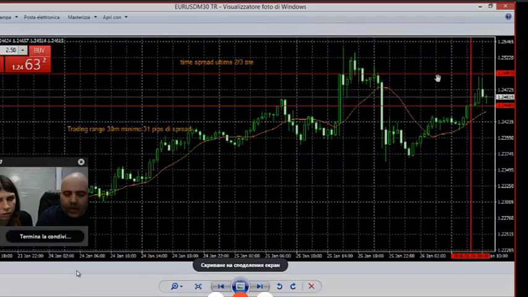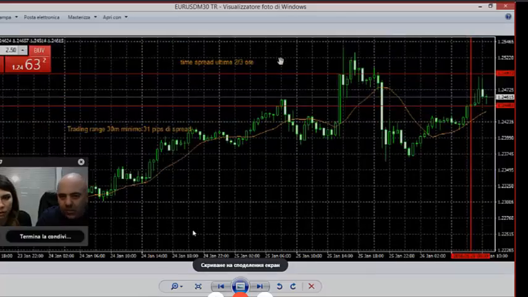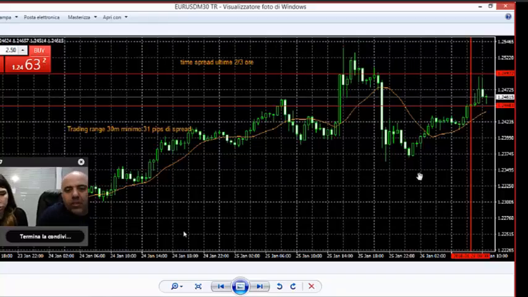Okay, great. As you can see, I use the grids to control the trading range. The grid, this one.